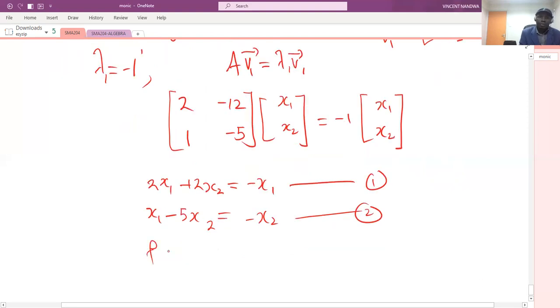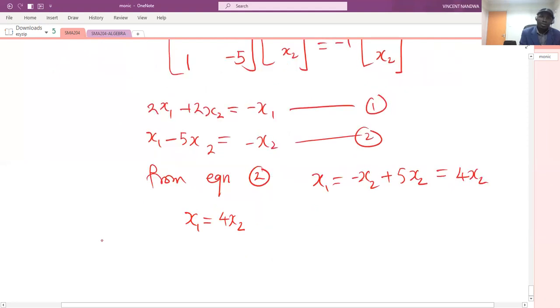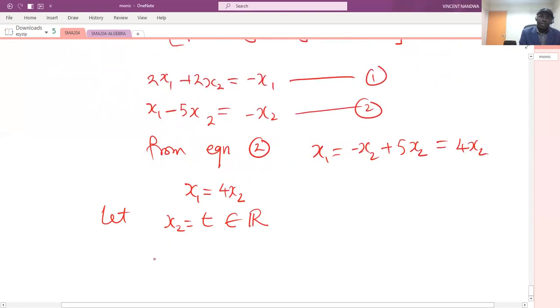From equation 2, x1 equals minus x2 plus 5x2, which will be 4x2. So that tells us that x1 equals 4x2. So x2 is a free variable. Let x2 be t, where t is any real number. That means vector v1 will be x1, x2.